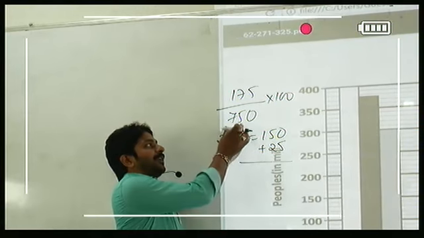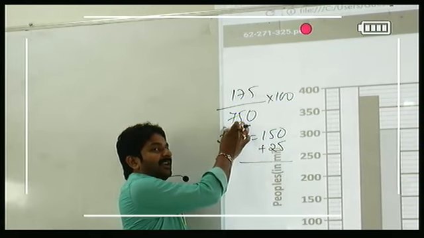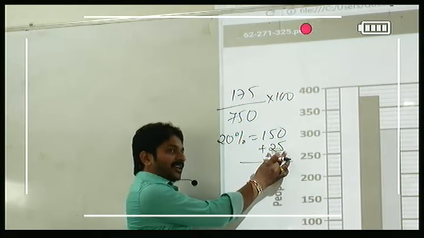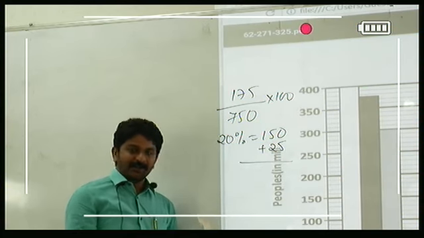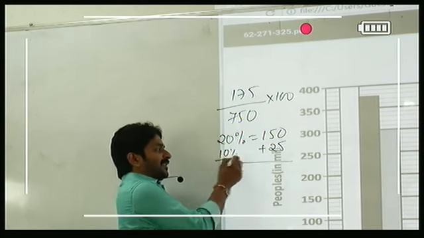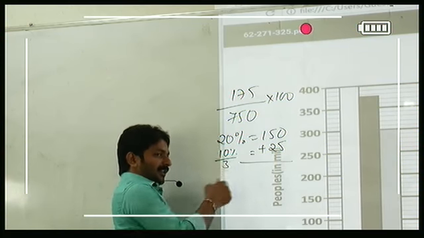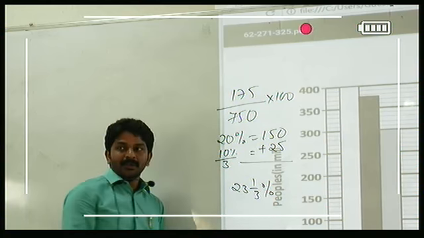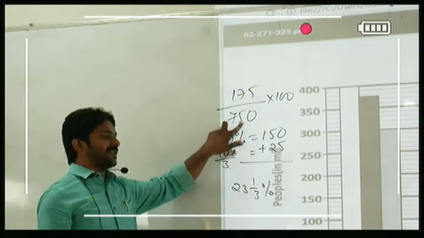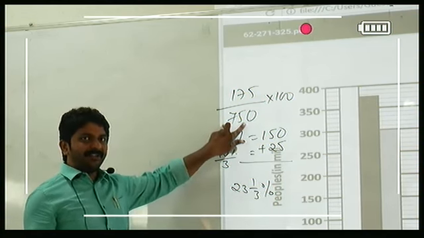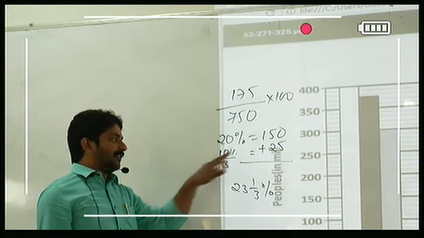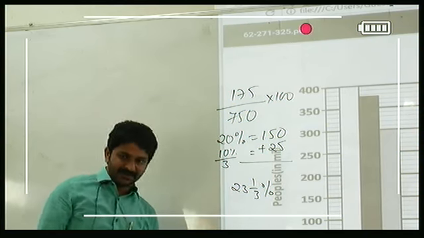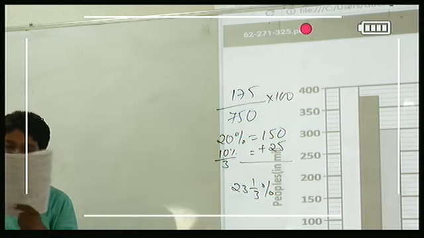Yes or no? What about 10%? 75. 25 is 1/3 of 75. 75 is 10%, so 25 will be 1/3 of 10%, which is 3 1 by 3%. Total 23 1 by 3.